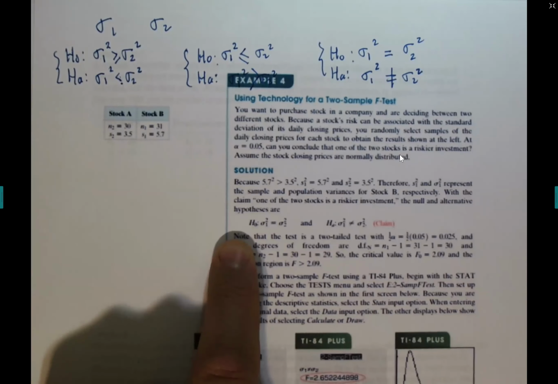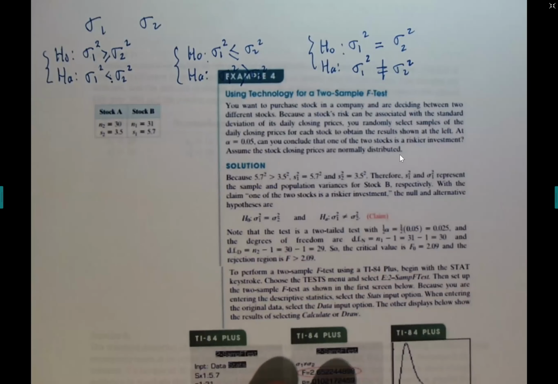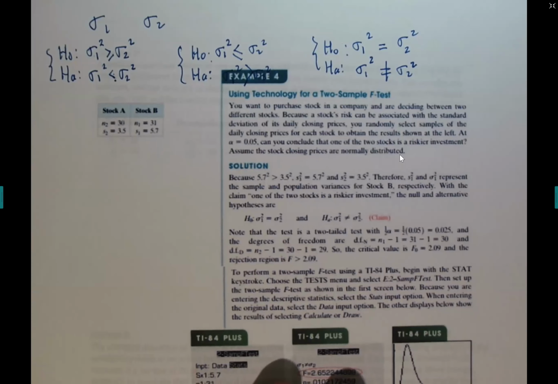When I say one is riskier than the other, which hypothesis, guys, would you choose here? First, second, or third? What does the word riskier mean? We have two stocks, A and B. I mean, you can see what he selected here.